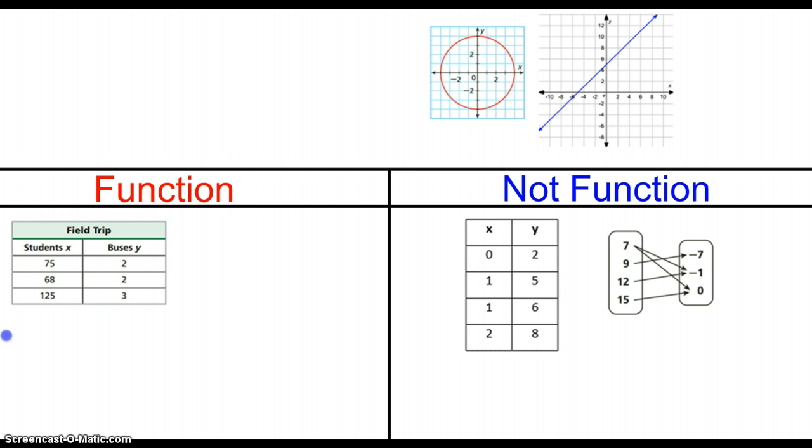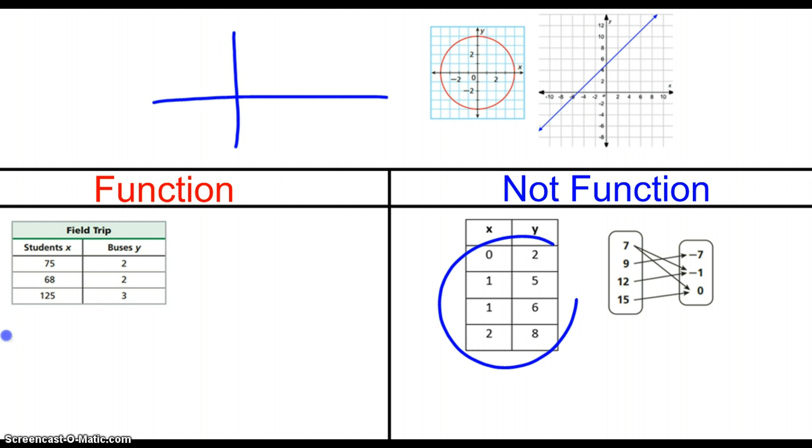Now remember, if you have 2 x values that are the same, let's say we graphed these points right here. Not all of them, but 0, 2 is right here, 1, 5, 3, 4, 5 is up here, and then 1, 6 would be right above that.